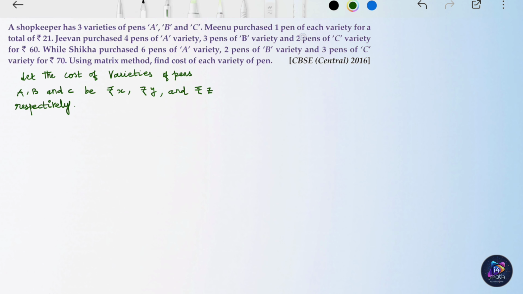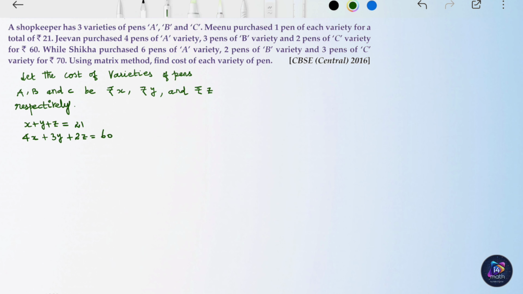Minu purchased one pen of each variety for a total rupees 21. That means X plus Y plus Z is equal to 21. Jeevan purchased 4 pens of variety A, that means 4X, 3 pens of variety B, 3Y, and 2 pens of C variety, that means 2Z, which is equal to 60.